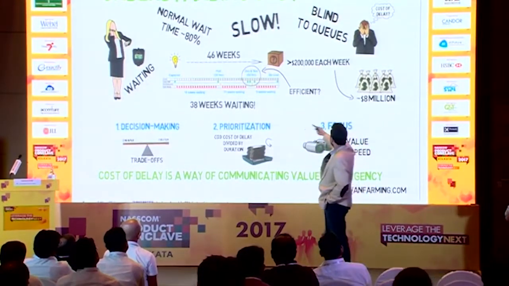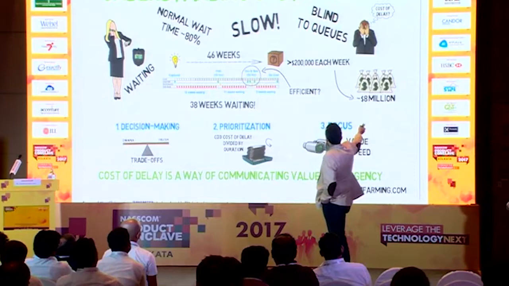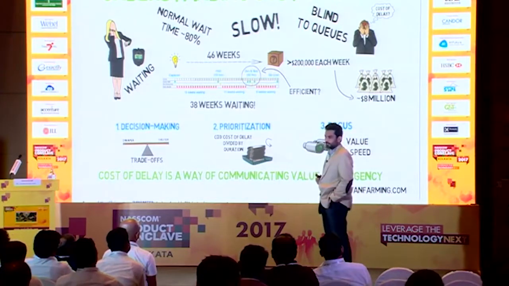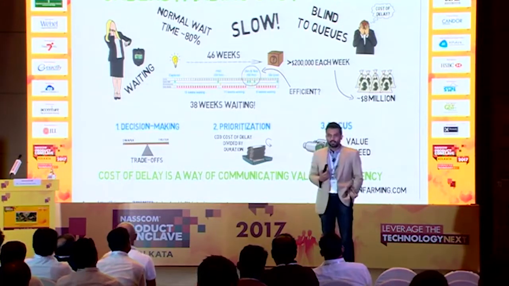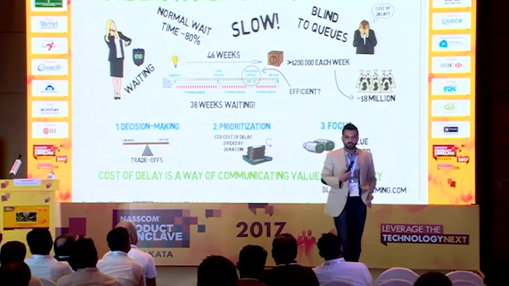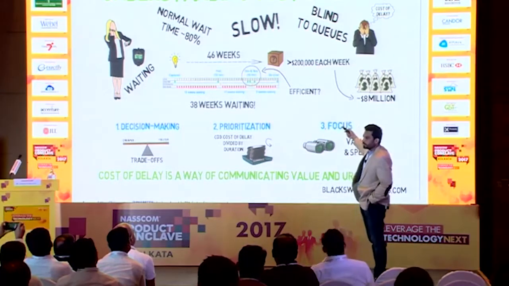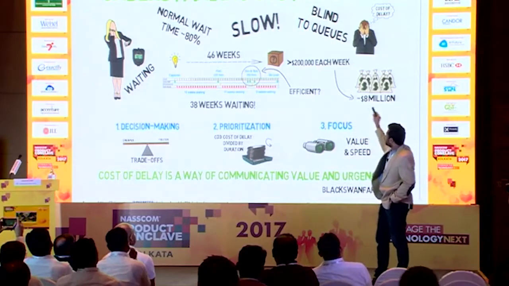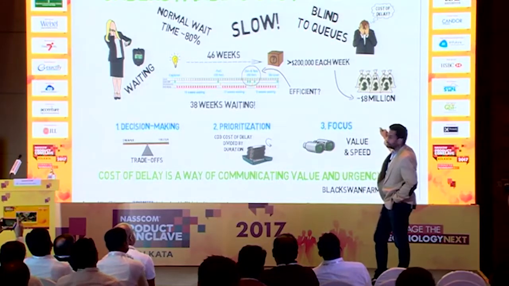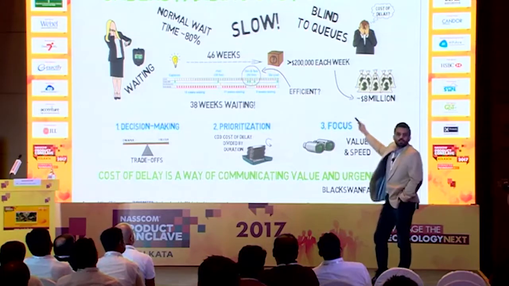And in 46 weeks, maybe the organization pays 8 million in opportunity cost. Now, what if when they were developing this feature, they knew that for that particular feature the cost of delay is $8 million? Maybe they could have done something differently.